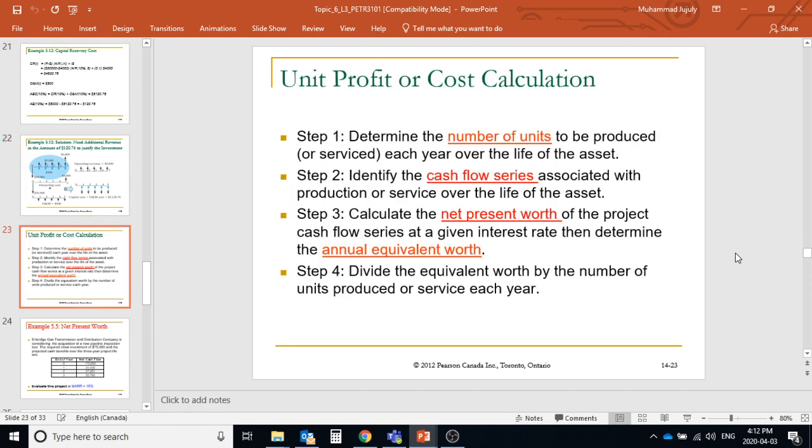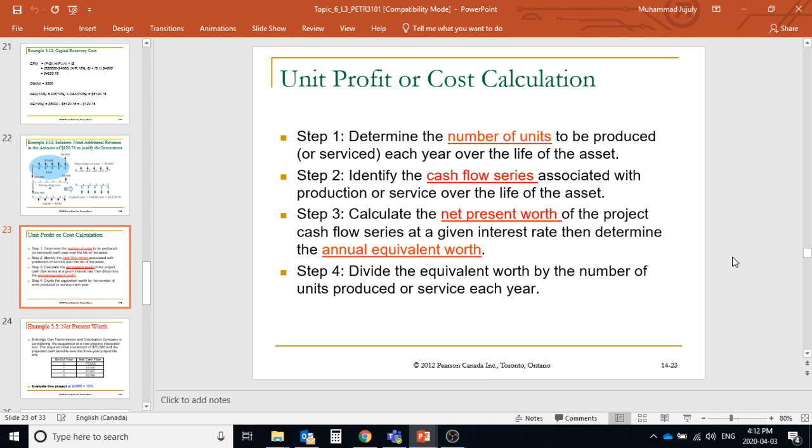Now unit profit or cost calculation. How can we calculate the number of units? From the cash flow analysis, and also we'll calculate the NPW, and from there we'll calculate the interest rate to determine the annual equivalent.